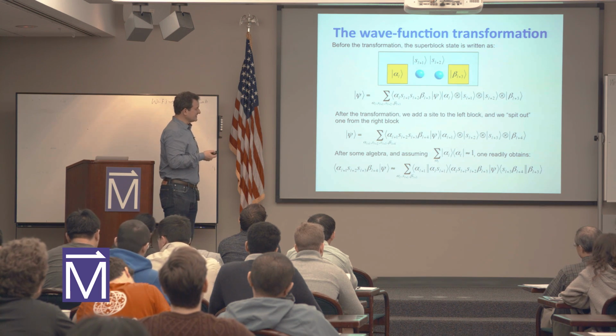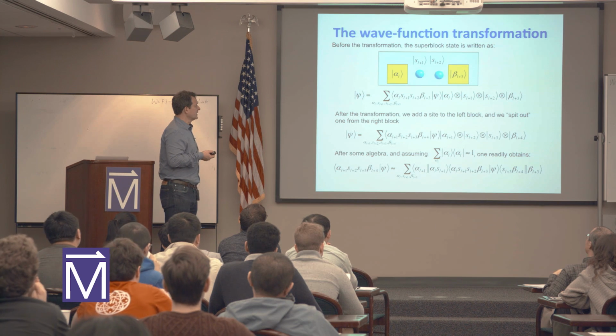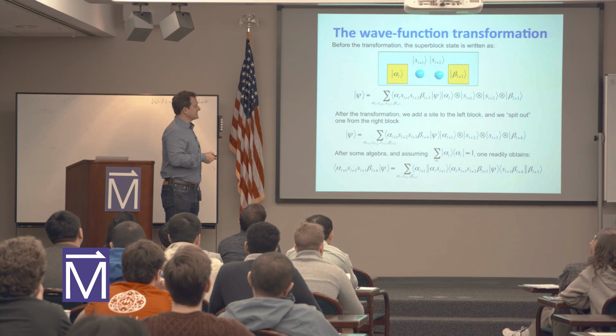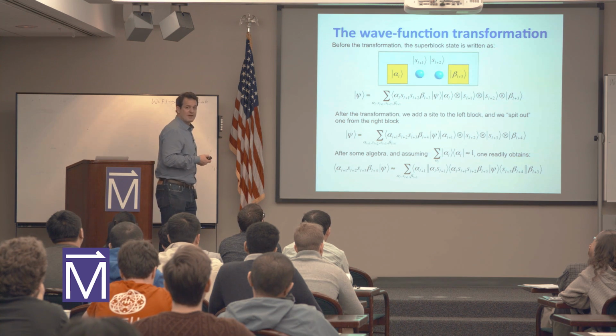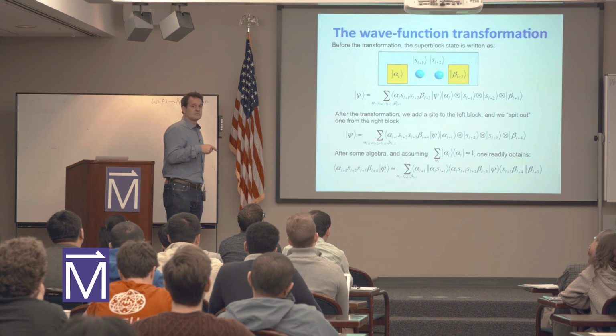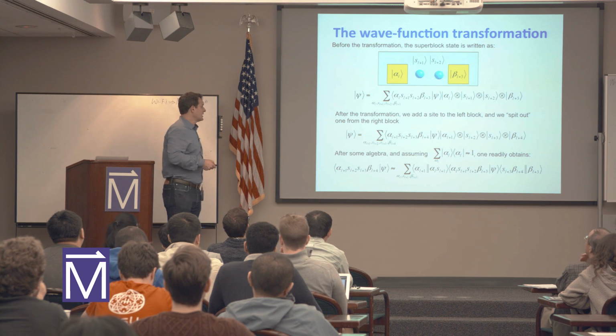And this is something that we need also in time-dependent DMRG. When we add a site to a block, we use a unitary transformation, right? We change the basis. But we can also rotate the wave function.